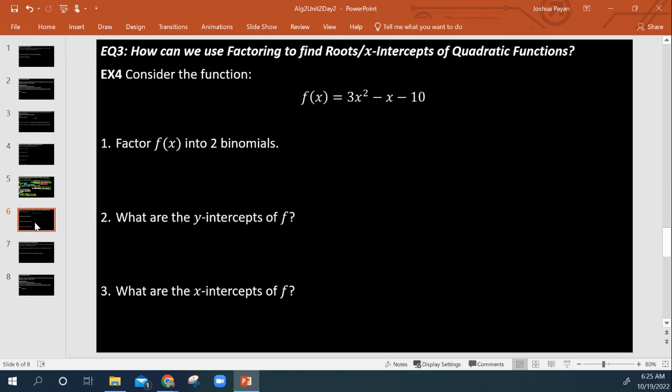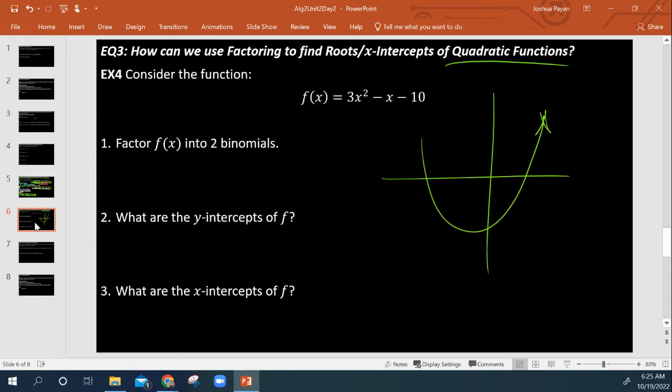Okay, now let's talk about roots, right? Every quadratic function has two solutions. So what that also means is if we find where x is 0... if I've got a parabola, its x-intercepts, there's two of them.